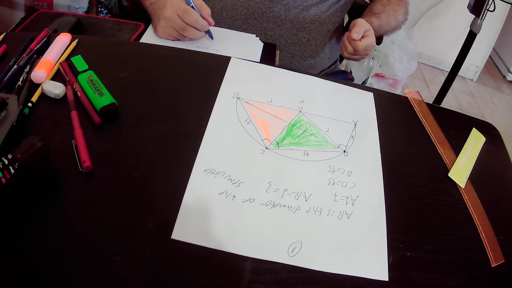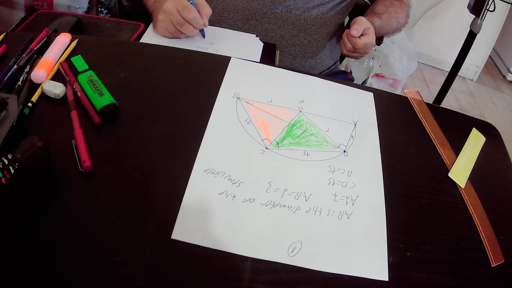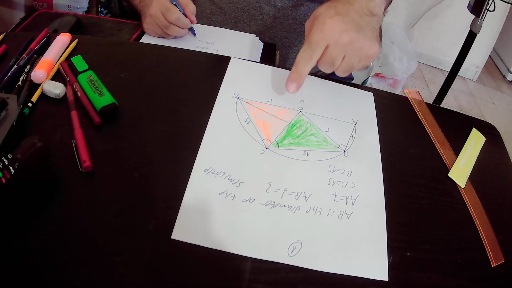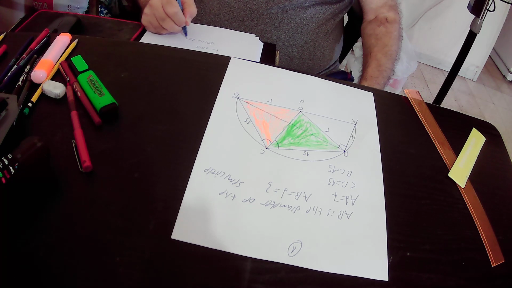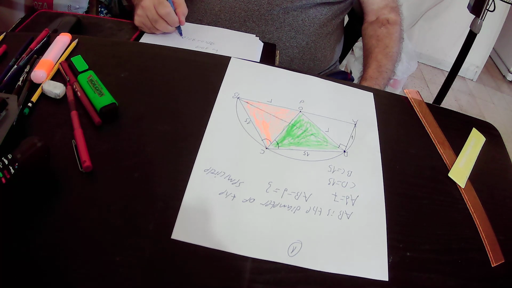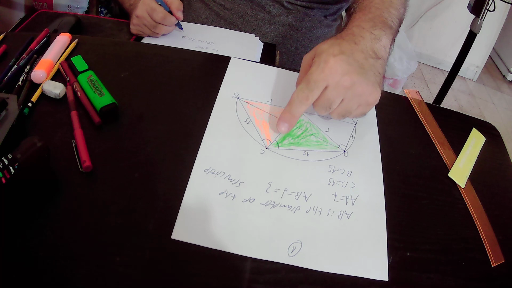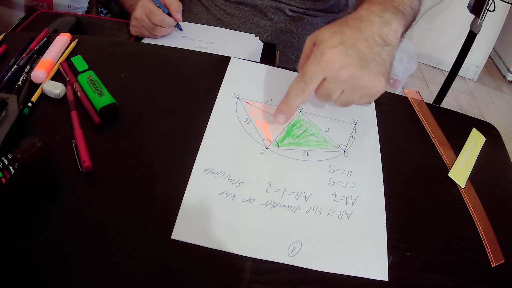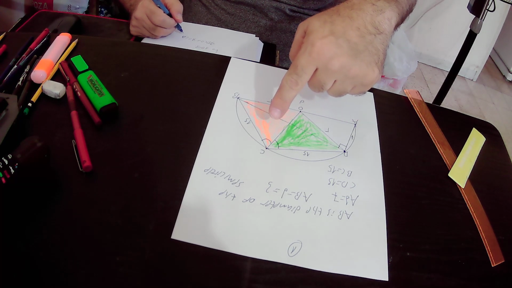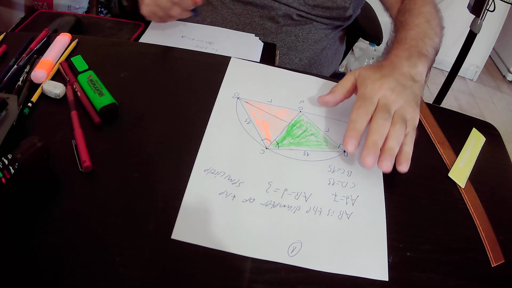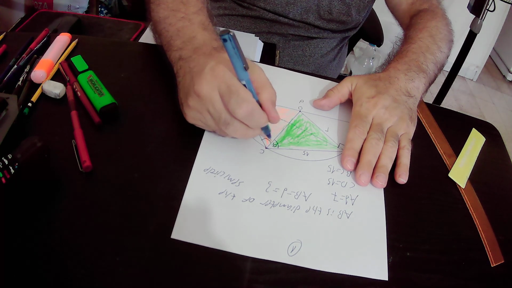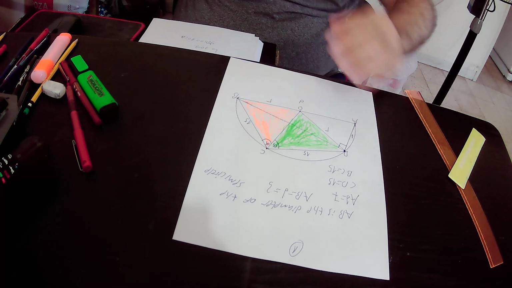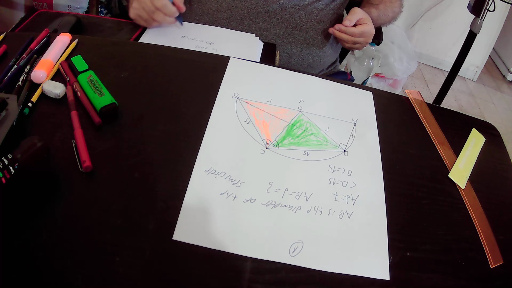So angle DCO is equal to angle OCB. If we define angle DCO as alpha, then angle OCB also equals alpha.